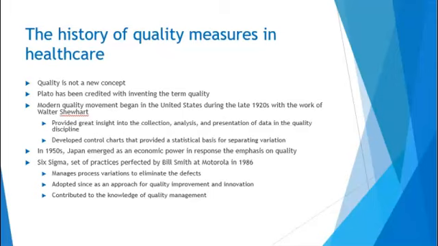And then in the 1950s, Japan emerged as an economic power in response to the emphasis on quality. And then in 1986, Bill Smith set forth the Six Sigma set of practices, which basically manages process variation to eliminate defects. It's since been adopted as an approach for quality improvement and innovation, and it contributed to the knowledge of quality management.